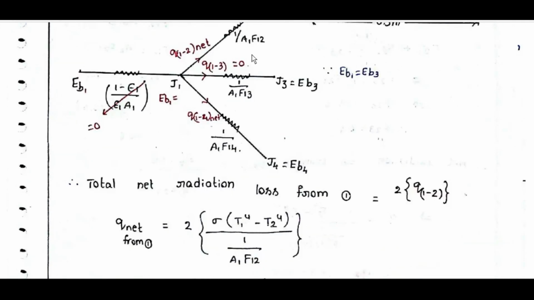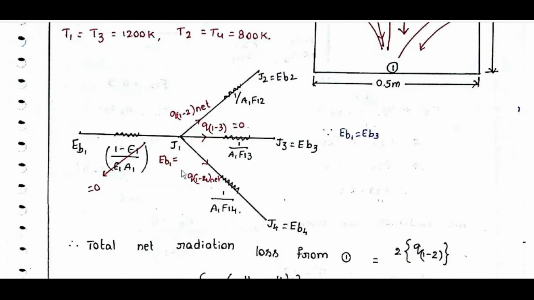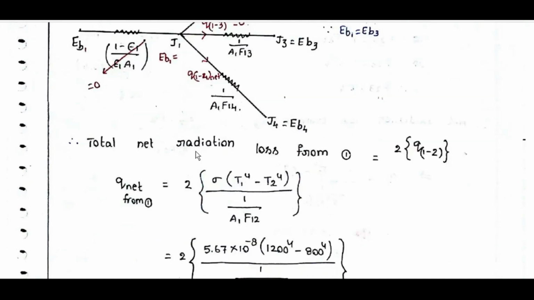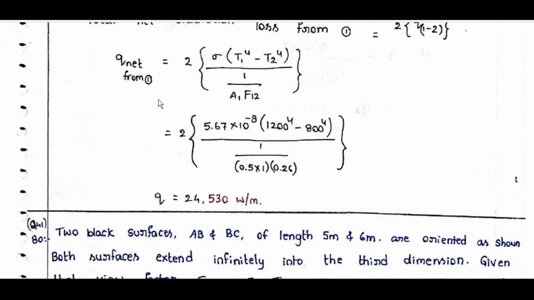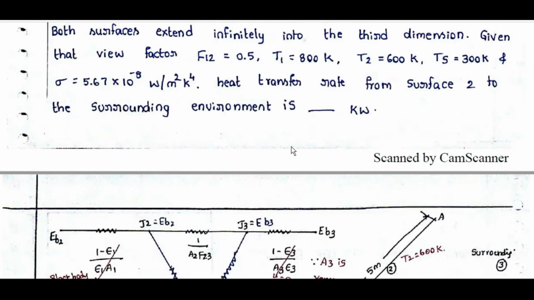Sigma 2 into the net radiation loss is equal to all these resistances, Q13. EB1, J1, J3, EB2, EB1, then total net radiation loss is equal to 2 into Q net from 1 to 2 into sigma (T1 power 4 minus T2 power 4) by 1 by A1 F12.